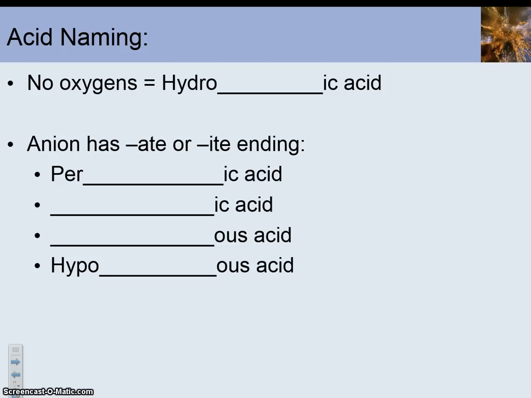Sorry about that. So these blanks, they're just filling in the root of the ate or the ite or the plain old element. If it was hydrogen with bromine, HBr, it would be hydrobromic acid.